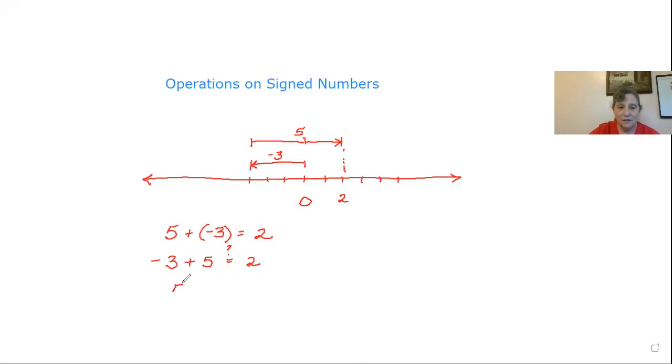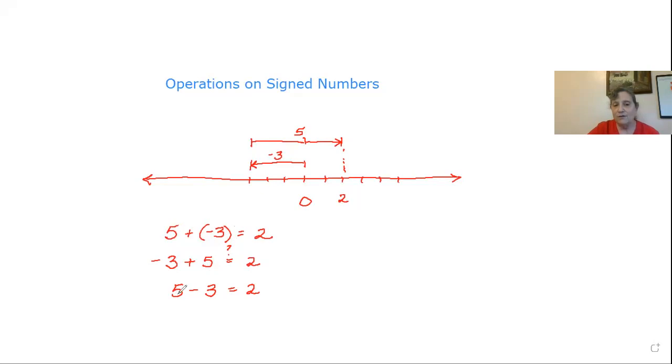Notice that 5 minus 3 is 2, just like it was back in kindergarten. 5 minus 3, subtracting the +3, is exactly the same thing as adding the -3. Subtracting means go the other direction.